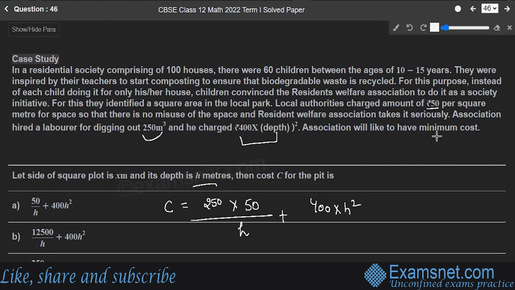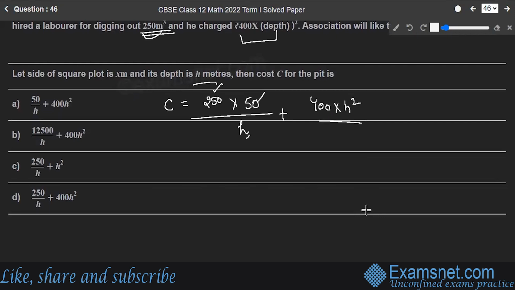So 50 rupees is charged per square meter for the plot, and this was the total volume which needed to be dug out. So 250 divided by h multiplied by 50, plus 400 h square is the cost. So this is equal to 12500 upon h plus 400 h square, which makes option B the answer to this question.